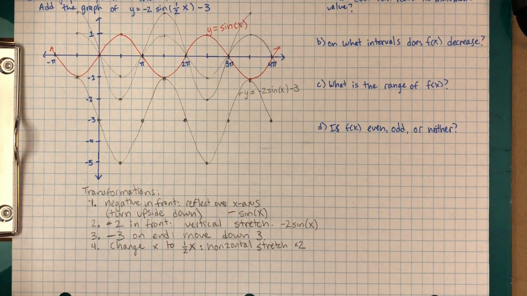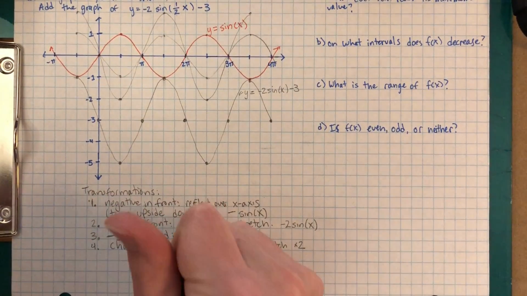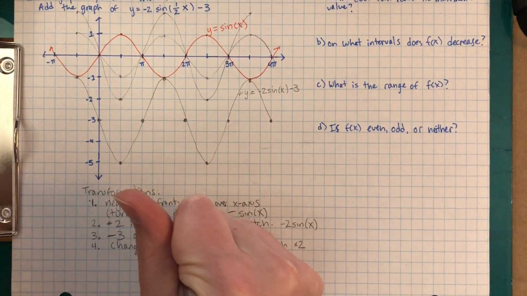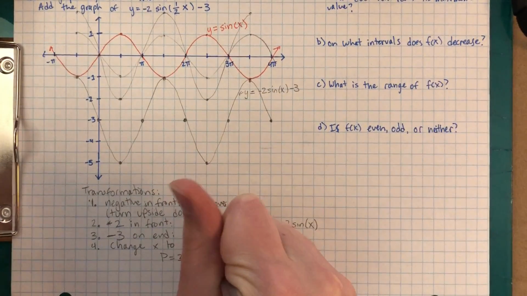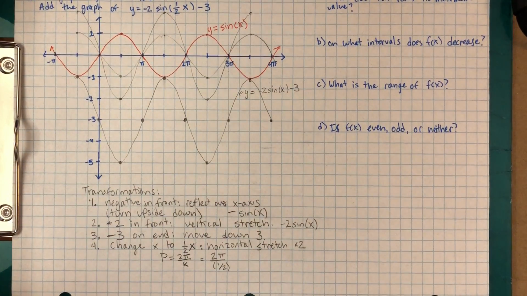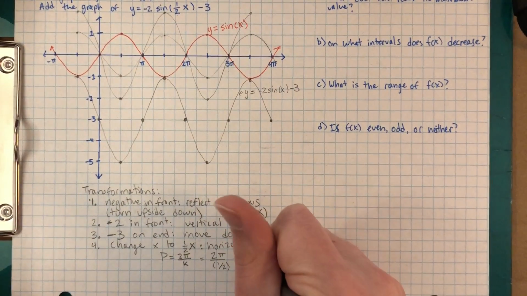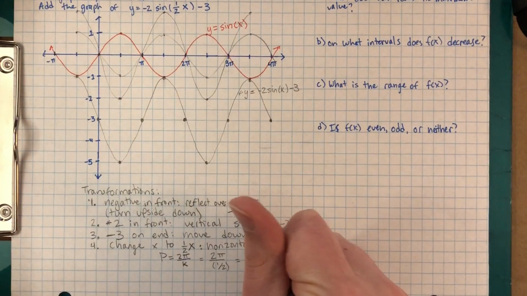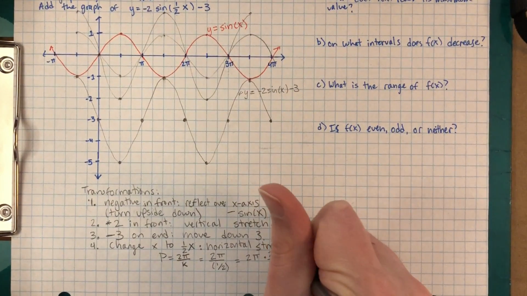We can also think about this in terms of our equation that says that the period is 2 pi over k, and this k value is 1/2. 2 pi divided by 1/2. Dividing by a fraction is the same as multiplying by its reciprocal. So this is 4 pi.